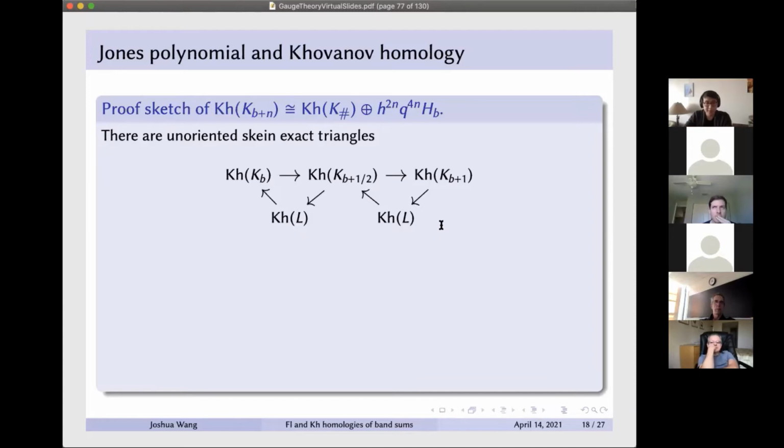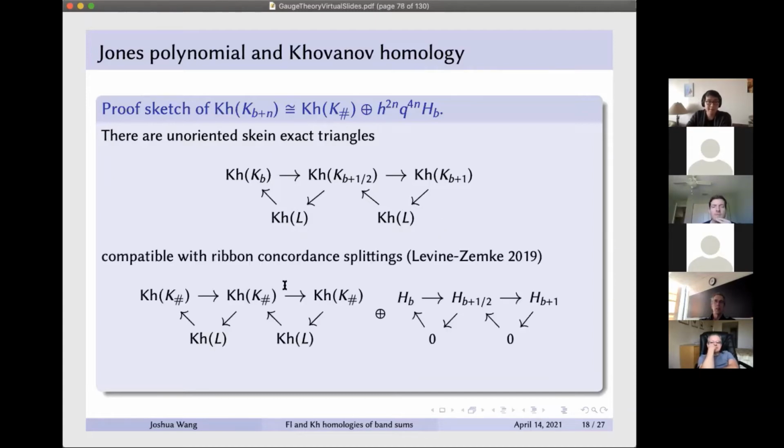And we play the same game. So we consider the triangles for the trivial band, and we pick compatible ribbon concordances from each of those terms into the triangles for the arbitrary band. And Levine and Zemke's result gives us a direct sum splitting of these triangles for the arbitrary band as the direct sum of the triangles for the trivial band, plus these triangles over here on the right.